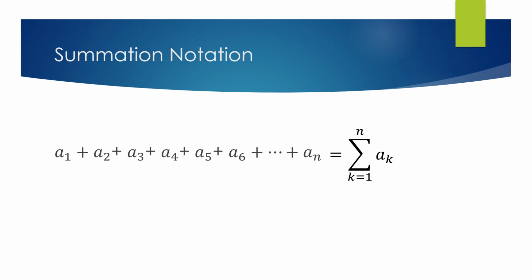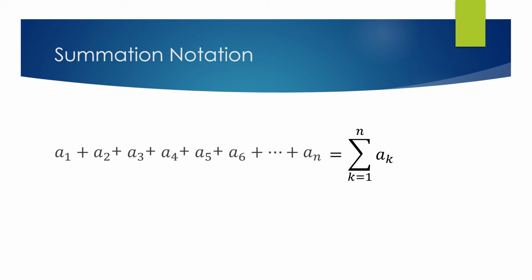Summation notation. If I have an expression where I'm adding several terms of a sequence, I can use summation notation to indicate that expression without having to write out each term as you see below.